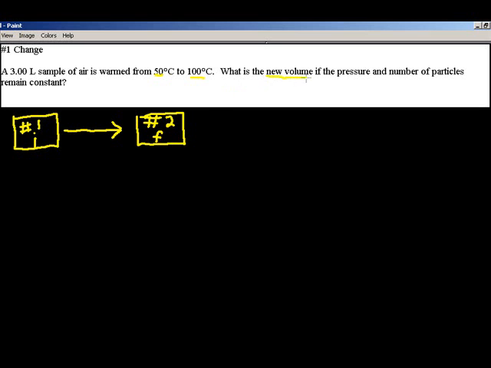Well, what happened to the pressure? It says the pressure did not change, and the number of particles does not change. So those were held constant during this change process. It was just that the temperature was changed, and we're asking, what happened to the air?